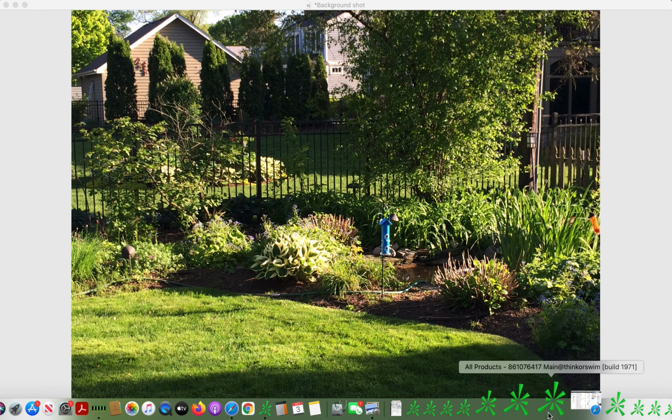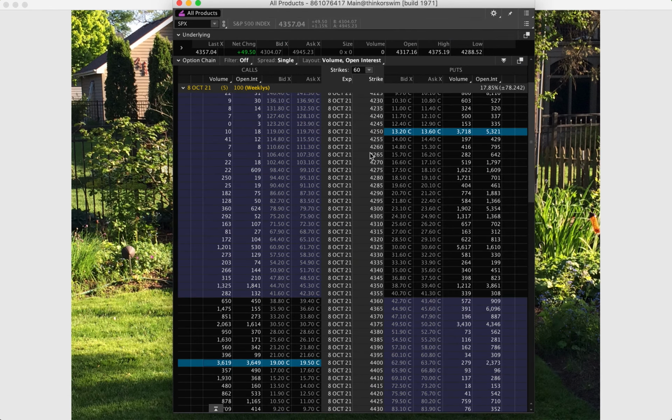You've got to be using the October 8th expiration. That's Friday's expiration, and they are a little expensive right now because they're factoring in the non-farm payrolls report. Volume standing out here at the 42.50 strike, but they were above the $11 window.